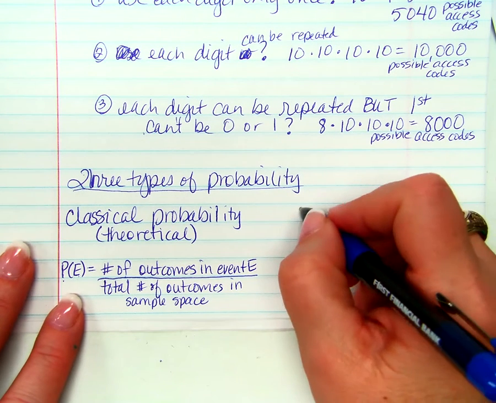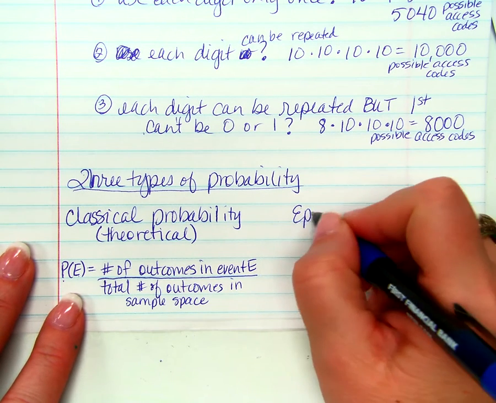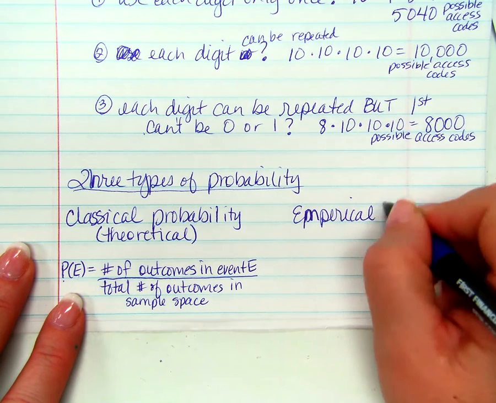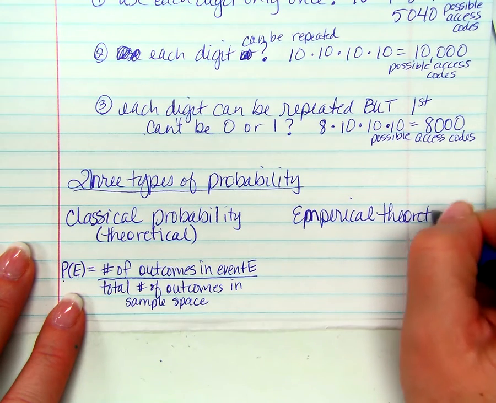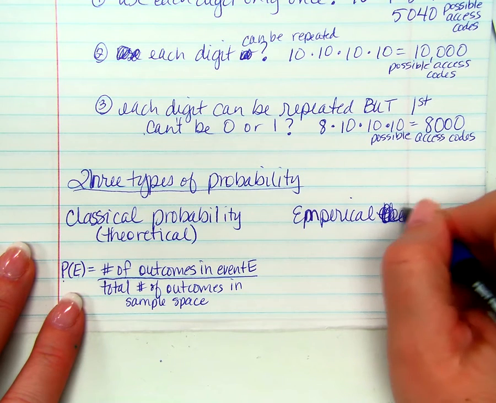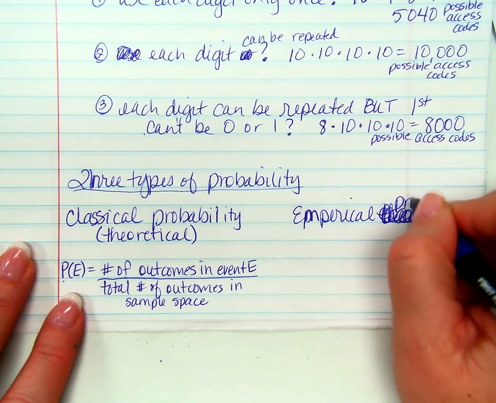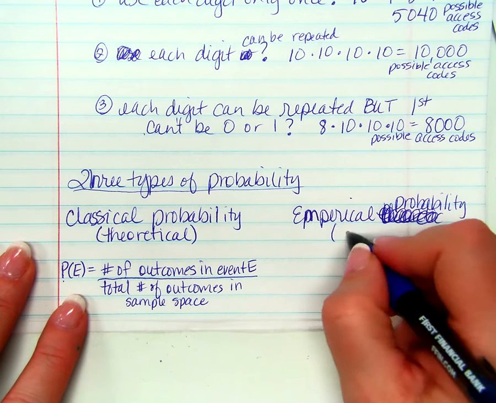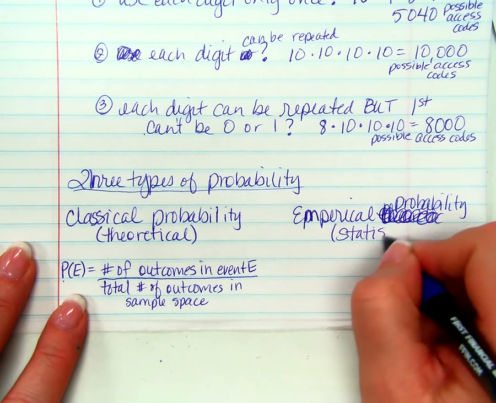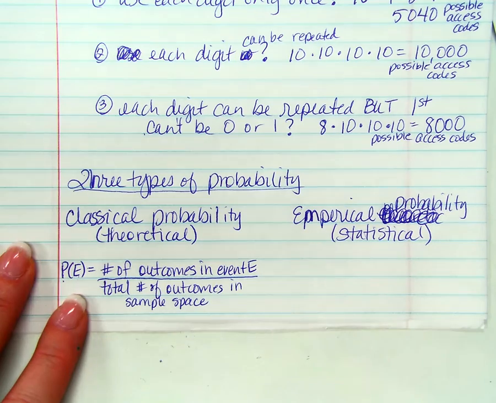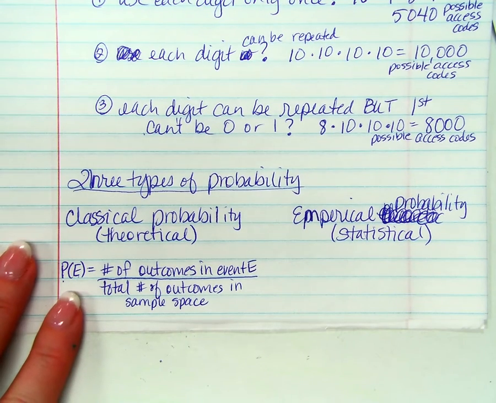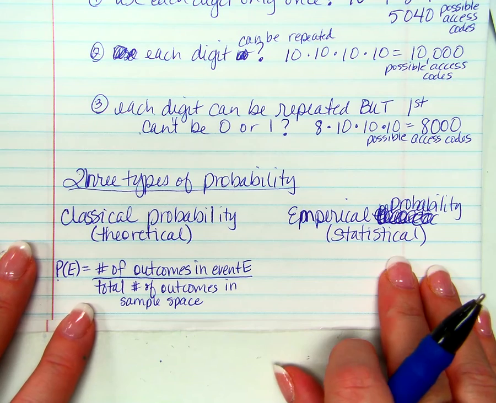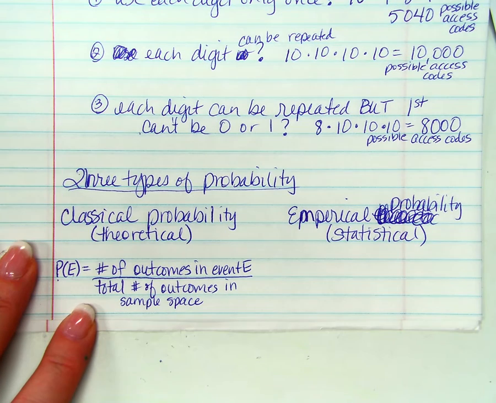The second kind is empirical. And it is called statistical probability. When I first learned this, we called this experimental probability. So if I say experimental probability, that's probably what I'm talking about.